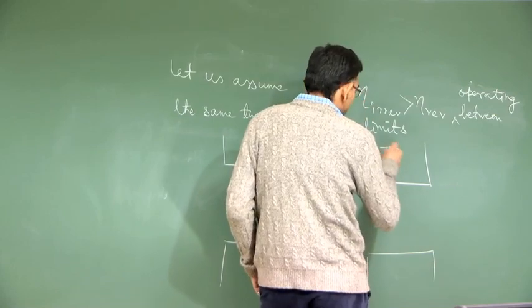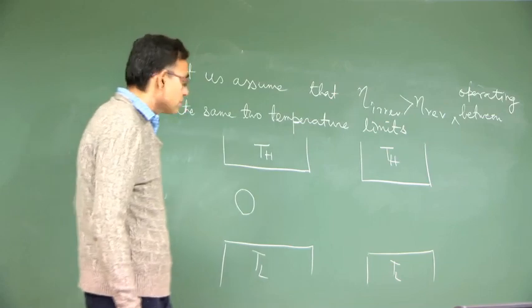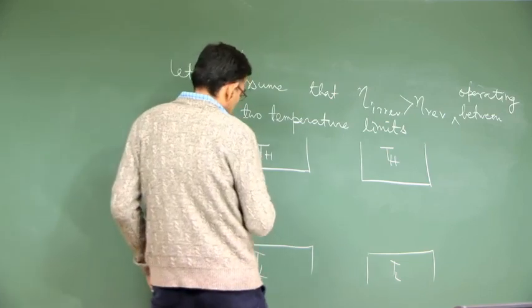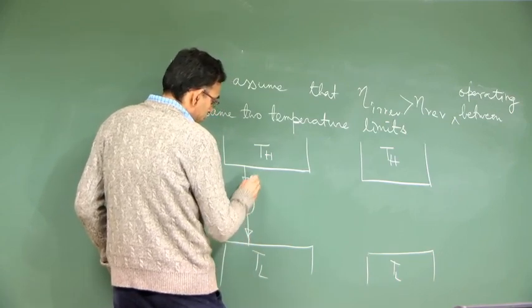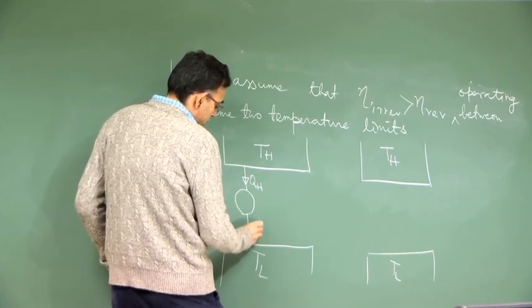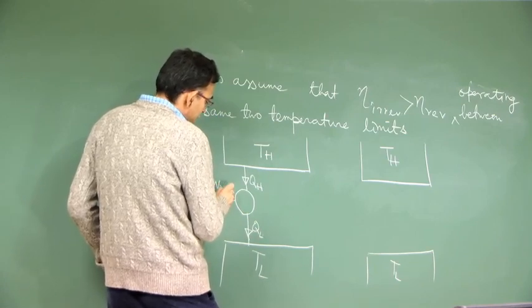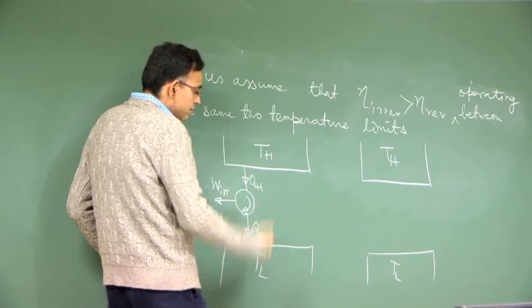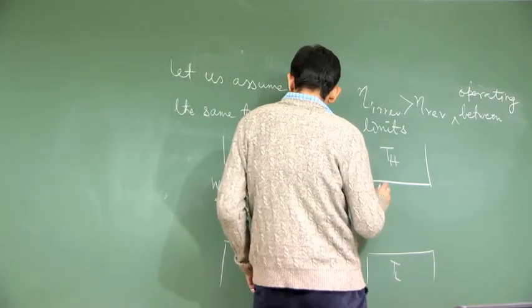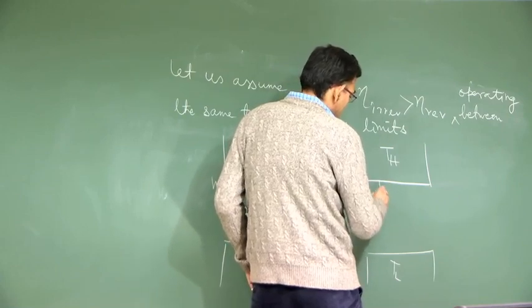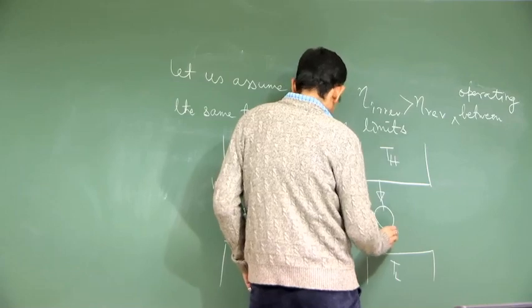Let me draw these two differently. Let us say this is the irreversible cycle, and this is the corresponding reversible cycle.